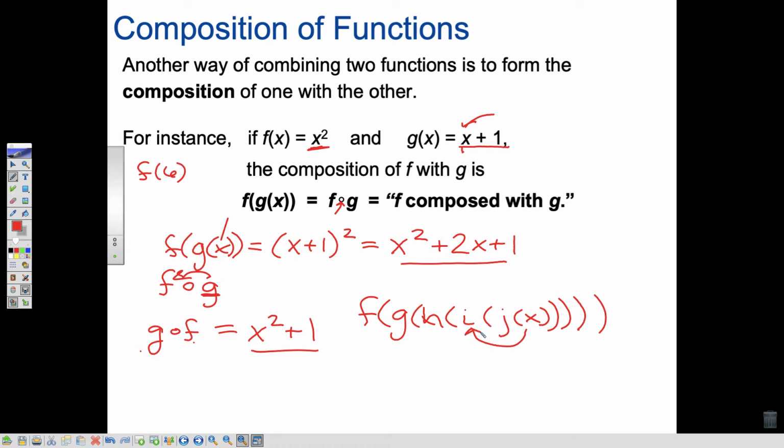And then my answer I would put into h, and my answer I would put into g. Am I ever doing that many? No. Well, this whole thing, j of x, goes into i.